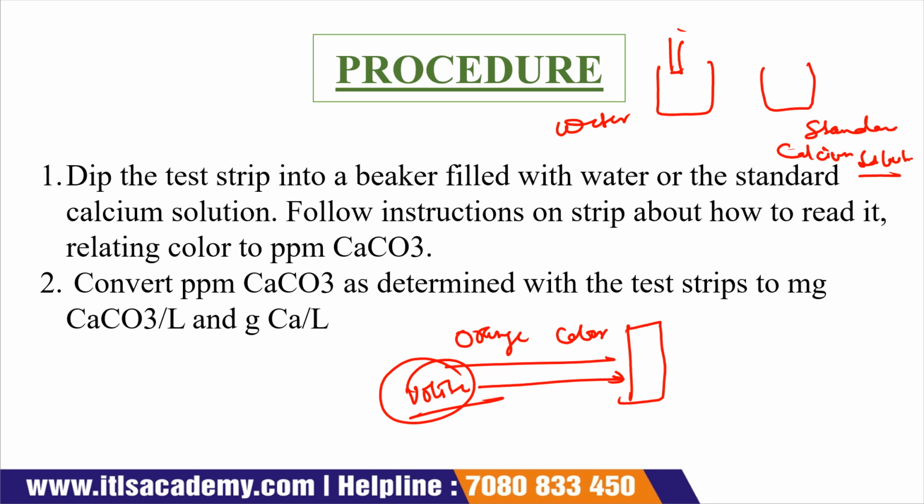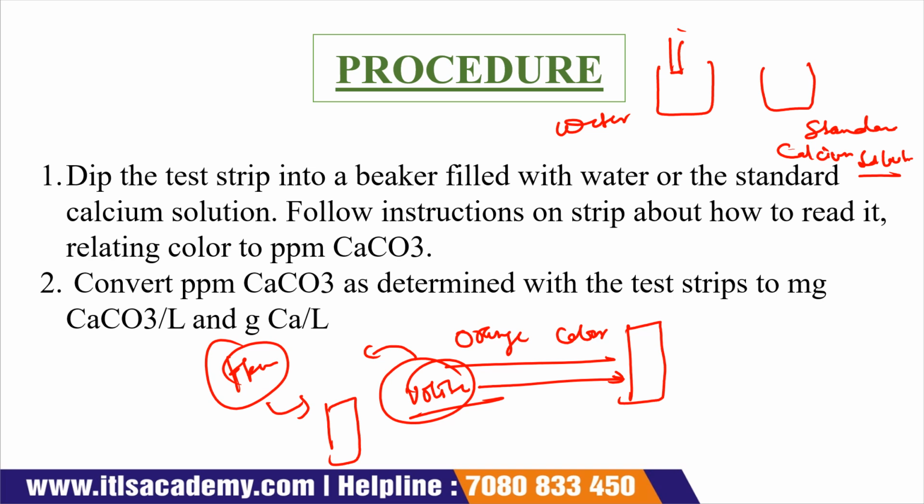Now this color should be related to the ppm present in the strip instruction. After that, the ppm is converted into milligram of calcium carbonate per liter or gram of calcium per liter.